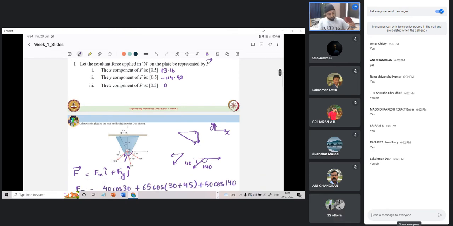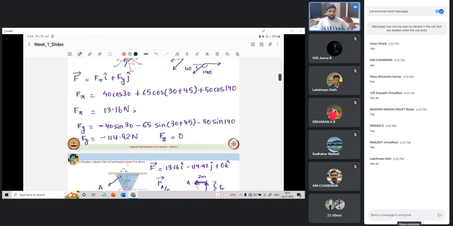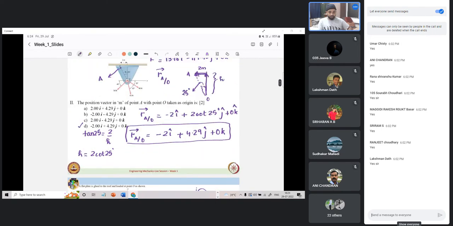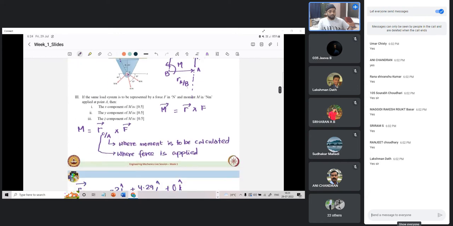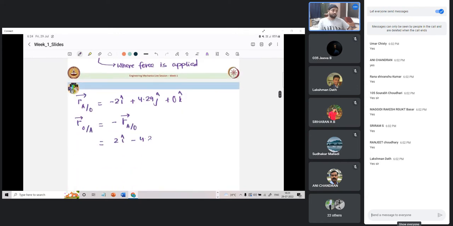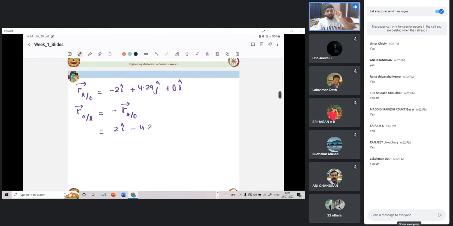So what will R cross F be? Do you people know how to take cross products? Generally we do that with a determinant. I, J, K will be the first row. Second will be the components of R. What are the components of R? 2, minus 4.29, 0.